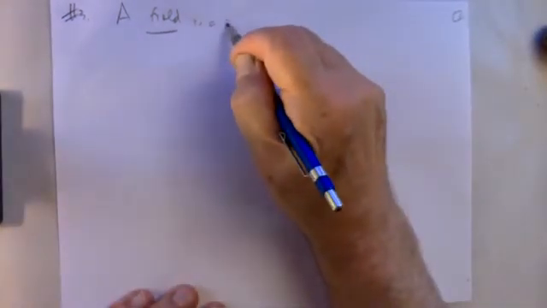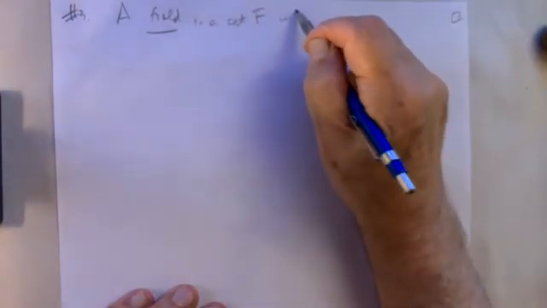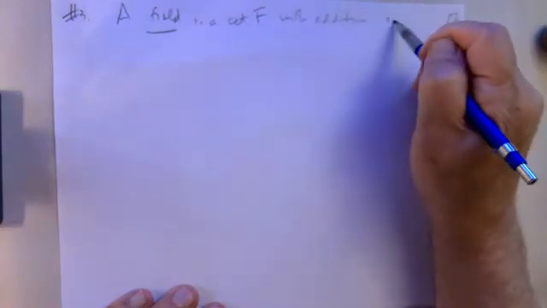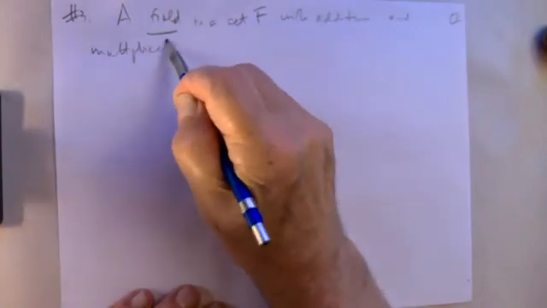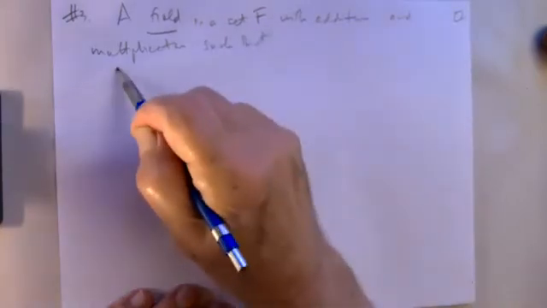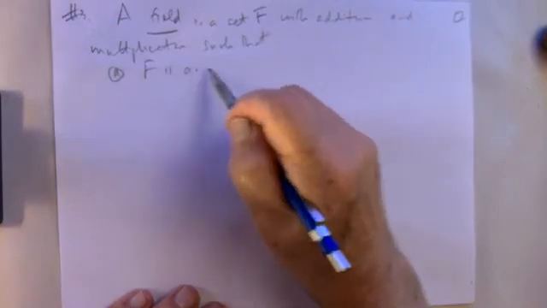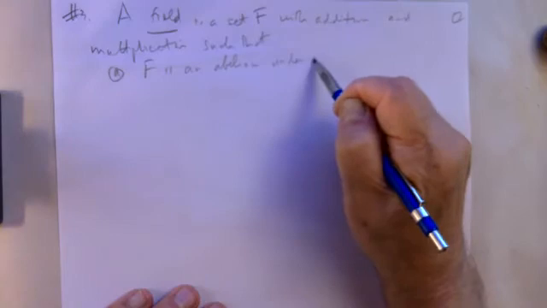So a field is a kind of a ring. So let's say a field is a set F with 2 operations, addition and multiplication, such that first F is an abelian group under addition.